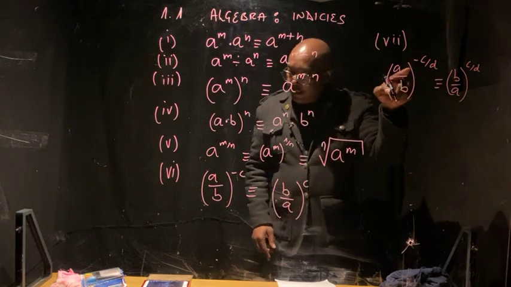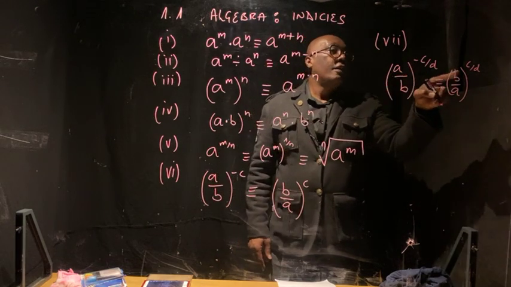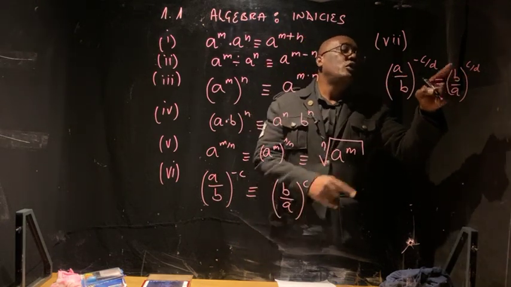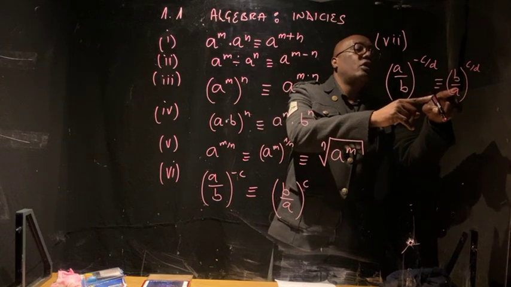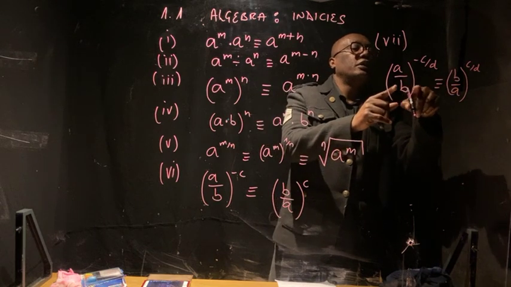We have done away with the negative index at the right-hand side. Before doing that, you have to reciprocate the fraction.